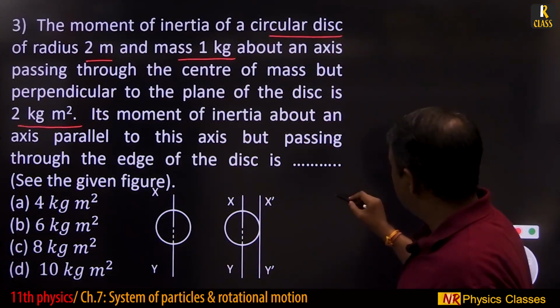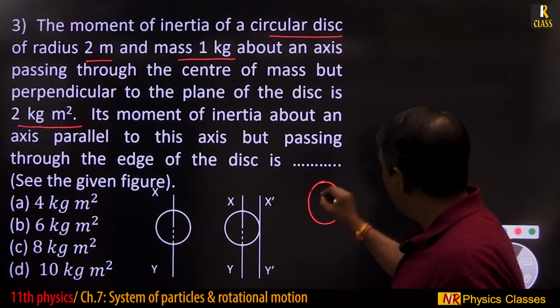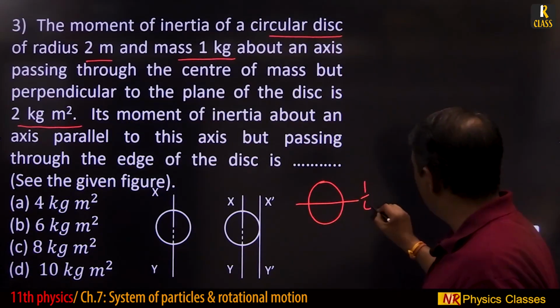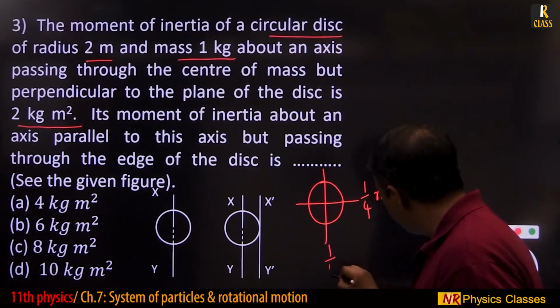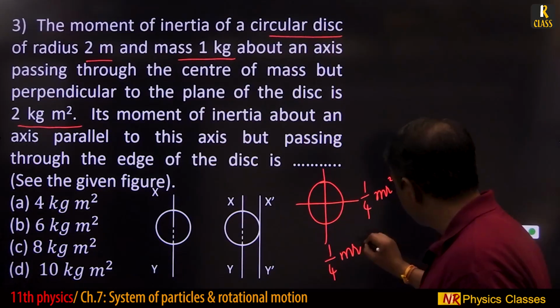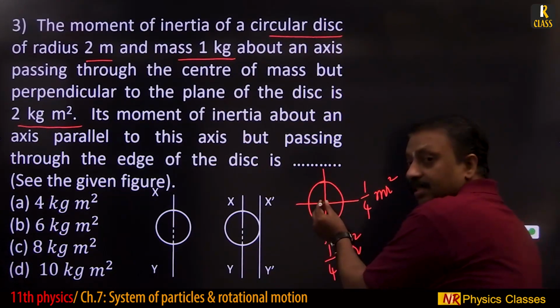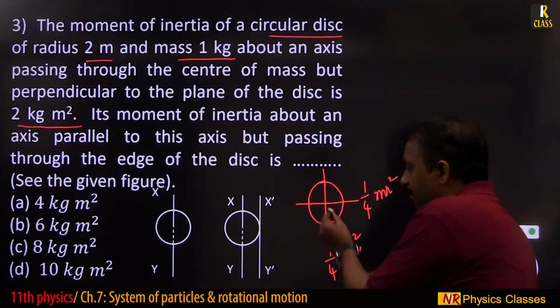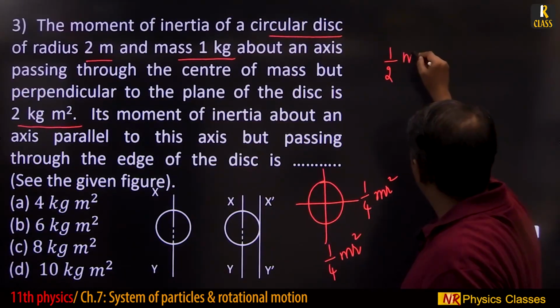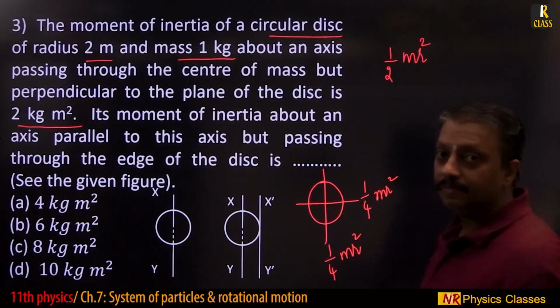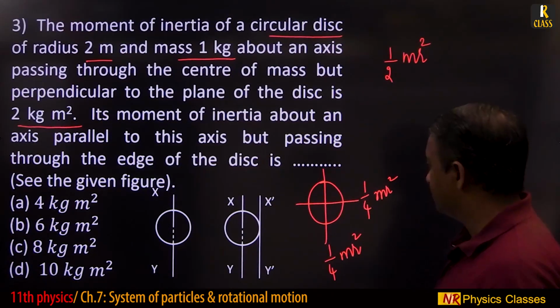The moment of inertia of the disc along a diameter is 1/4 mr square. About this axis, 1/4 mr square. About the axis perpendicular to the plane, the sum of these two is half mr square. That's the moment of inertia.